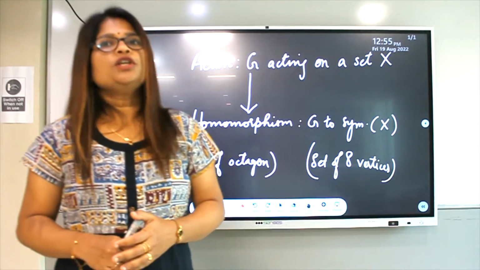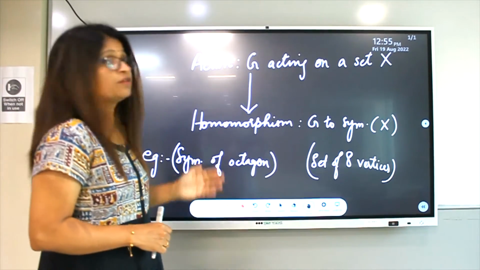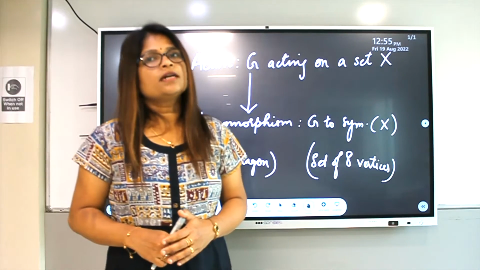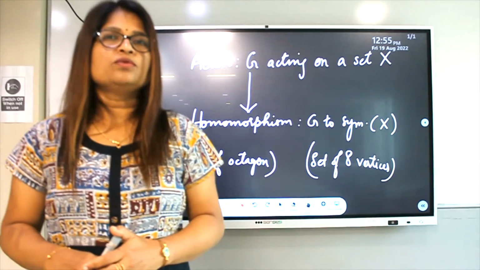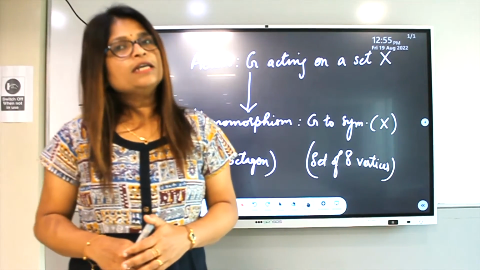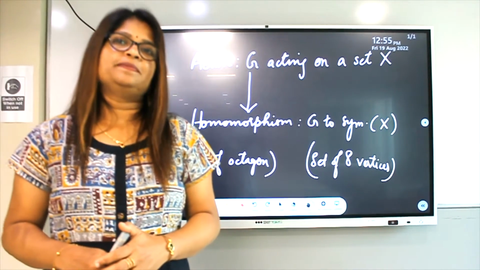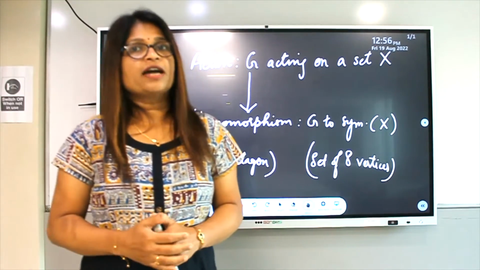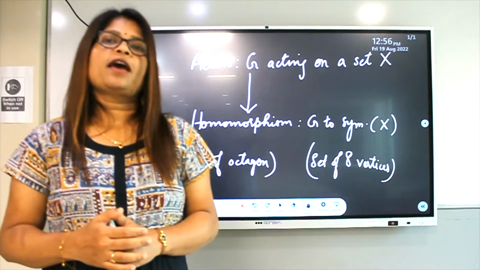Here we just use the example of symmetries of the octagon, and the correspondence of the action is very useful. A very clear application of this is in the proof of Cayley's theorem. Everything that we will discuss now will be more abstract than the set of vertices that we have discussed.